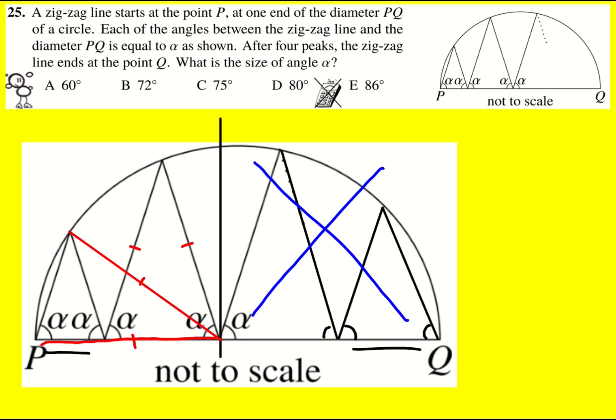And what that will mean is if I draw this one in, well, this here has got to be alpha, and this is going to be 180 minus 2 alpha, and that's also going to be 180 minus 2 alpha. I'm just going to add that on.